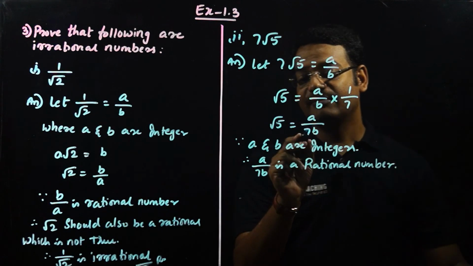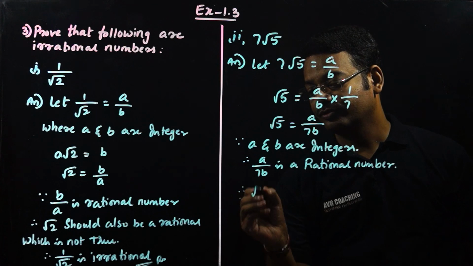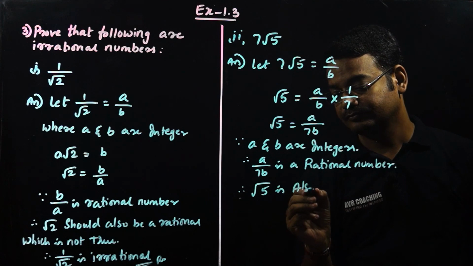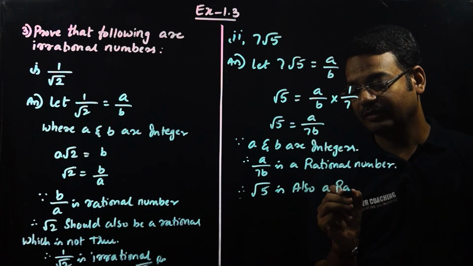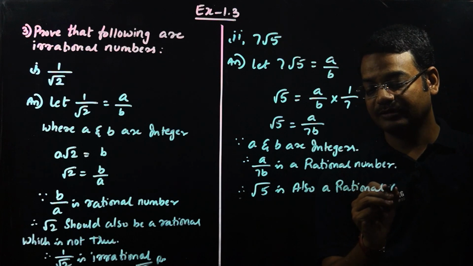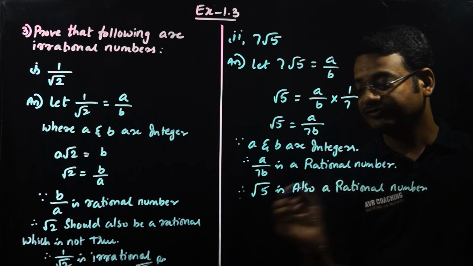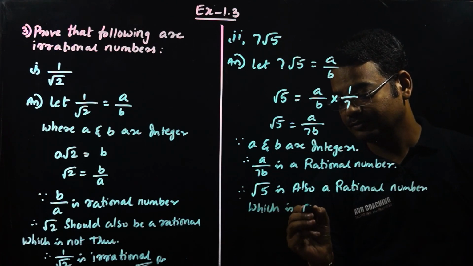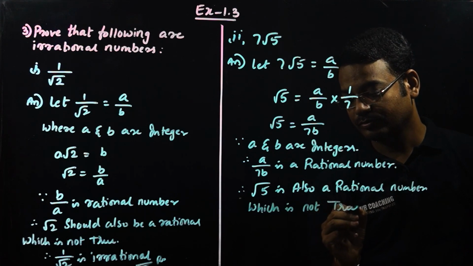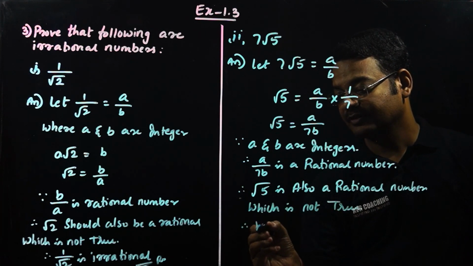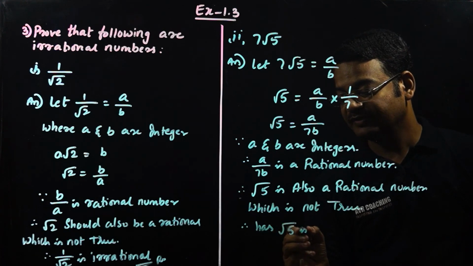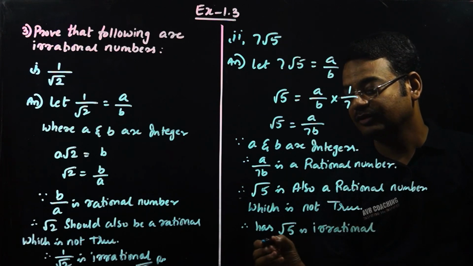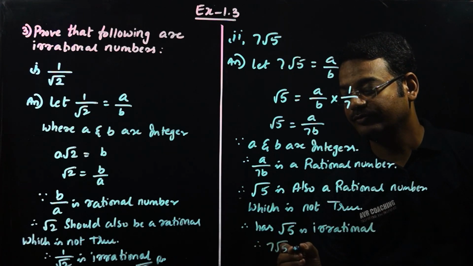Now since a by 7b is a rational number, therefore root 5 is also a rational number, which is not true. Therefore, as root 5 is irrational, 7 root 5 is irrational.